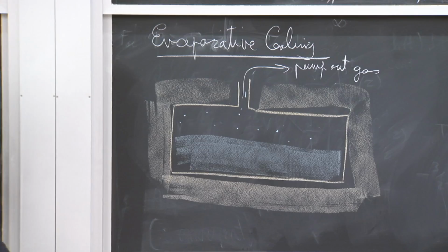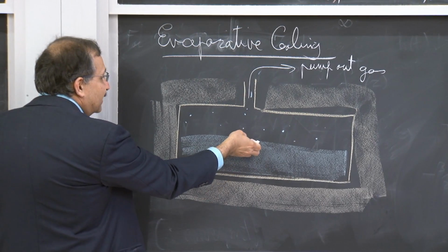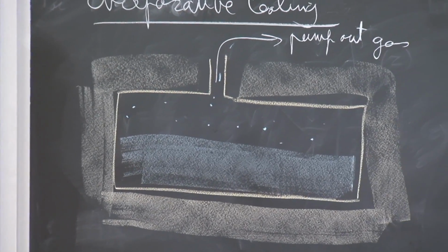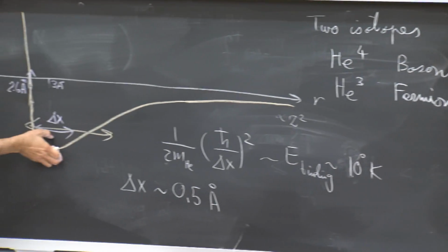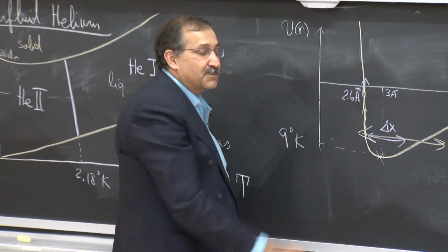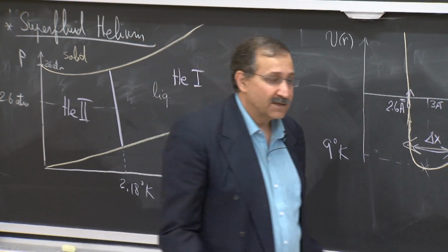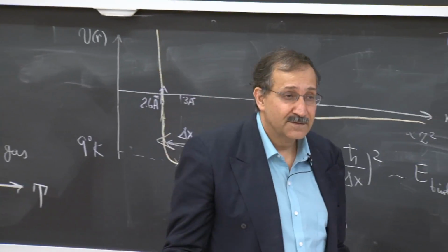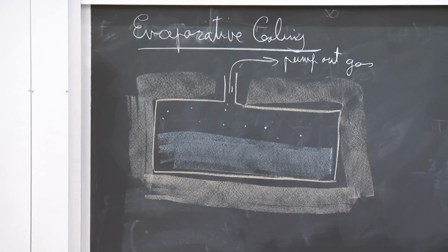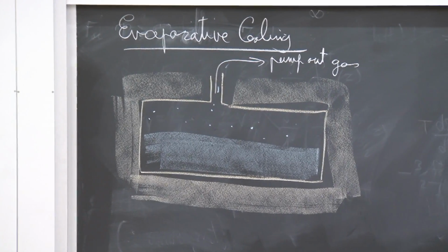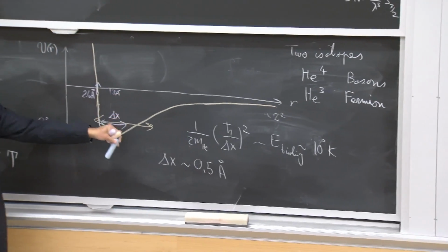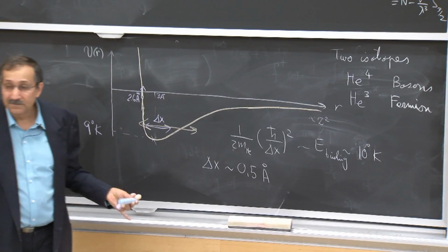But every time you grab a helium from here to put it into the gas, you've essentially taken it from down here and moved it to infinity. So you lose this amount of binding energy. It's called latent heat. Essentially, this is the latent heat, and it is actually of the order of 7 degrees Kelvin, because typically it has to be the depth of the typical positions of these particles.